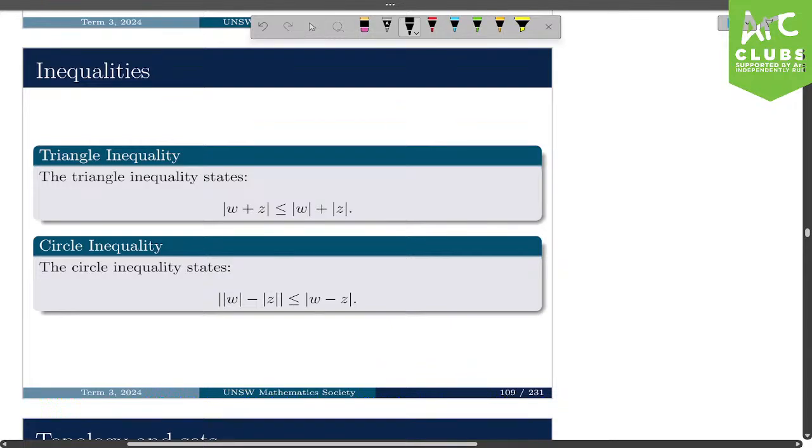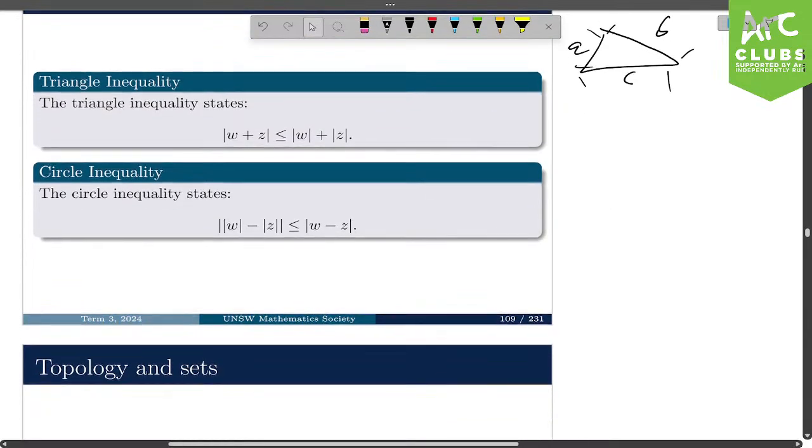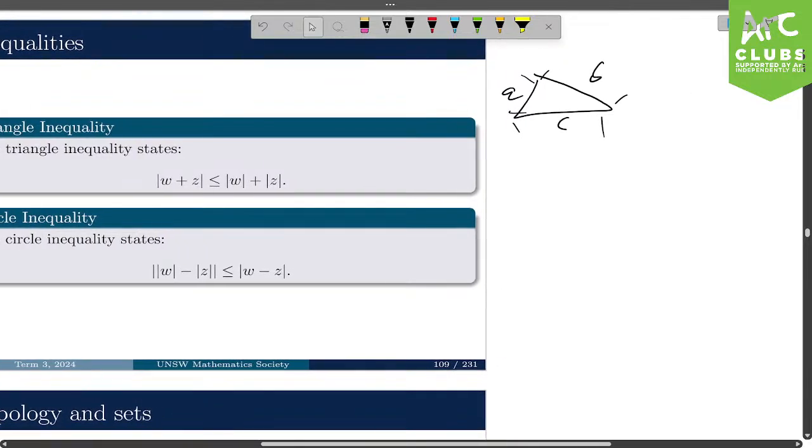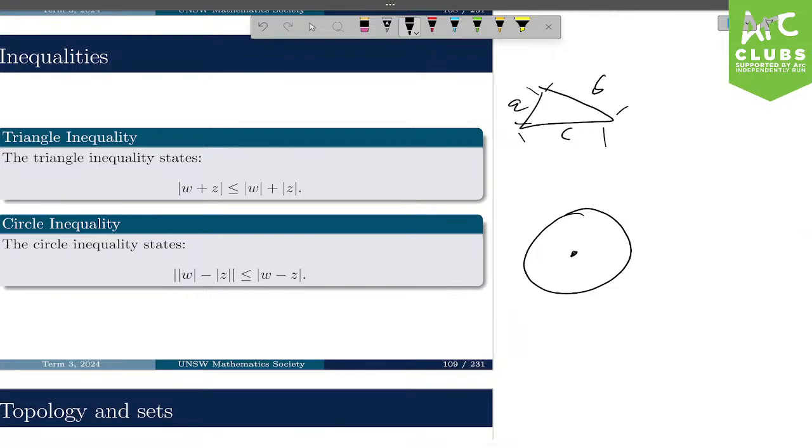We have triangular inequality. So if we have A, B, C, we know that A plus B must be at least C, okay, in terms of magnitudes. Similarly, for the circle inequality, the way that I like to think of this is having one point on a circle. It can point in any direction, and from there, we draw another circle.